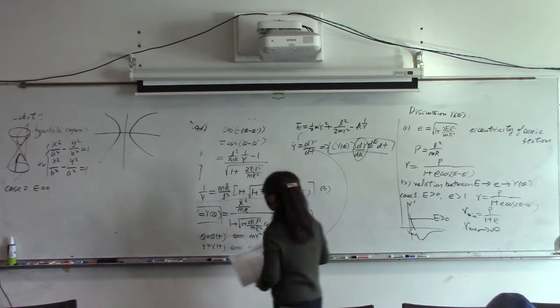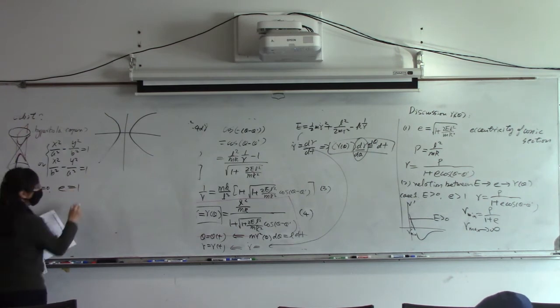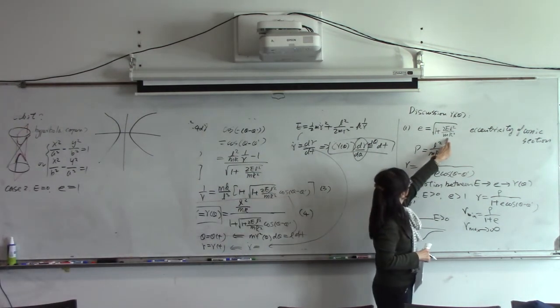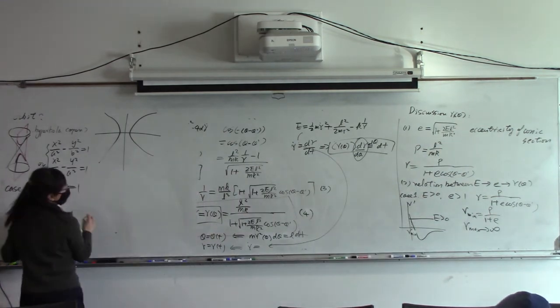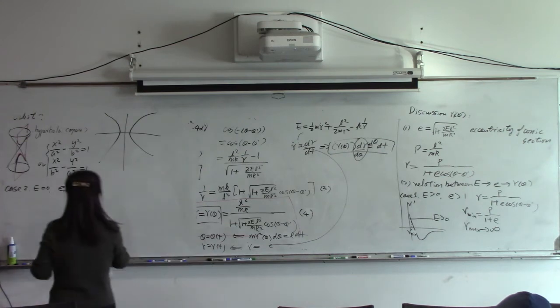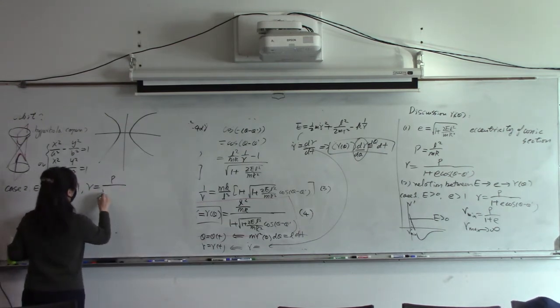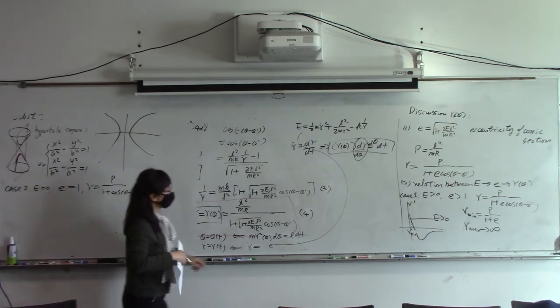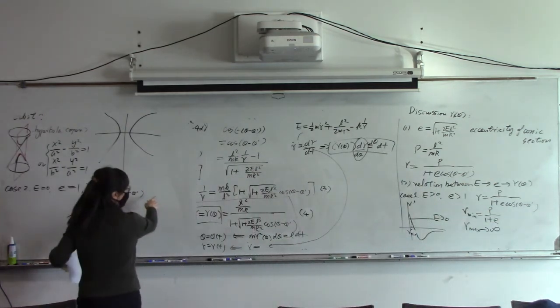Now if n is equal to 0, because this term is 0, this equals 1. Then r is p over 1 plus cosine theta minus theta prime, no e here. This e is equal to 1. So that is the case.